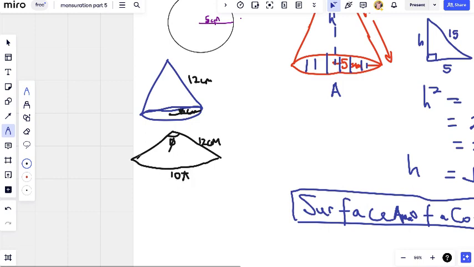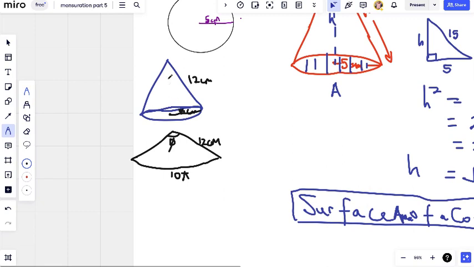So this arc length is always equal to this circular part, and this radius is always the same as the slant height. Okay, so the question is: calculate the total surface area of the cone shown on the left.